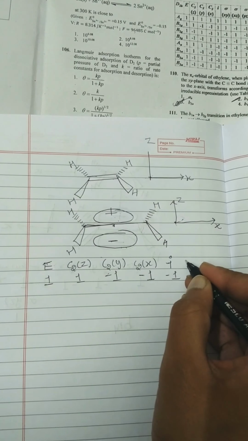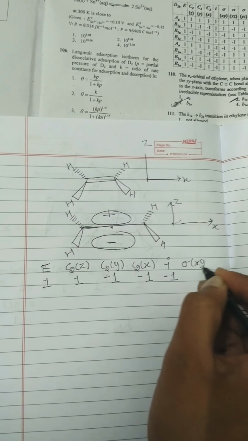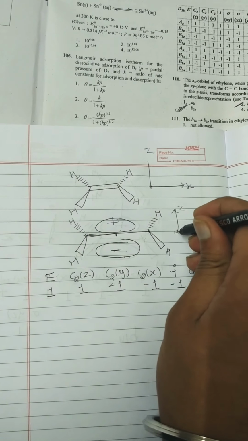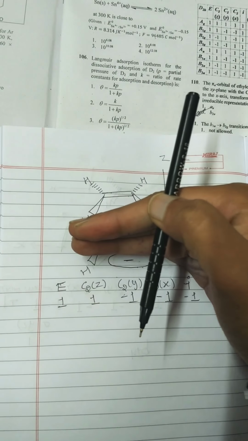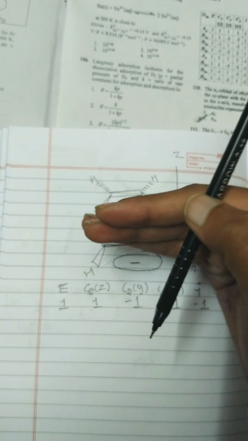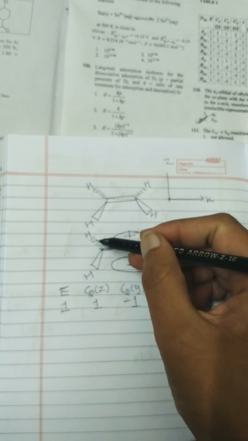For sigma xy, what is the xy plane? This is the z-axis, this is the x-axis, and this is the y-axis. So the xy plane is this plane, which bisects this molecule in this manner. It is the plane in which the molecule is lying, because these H atoms are also lying in this plane. This is perpendicular to this paper.